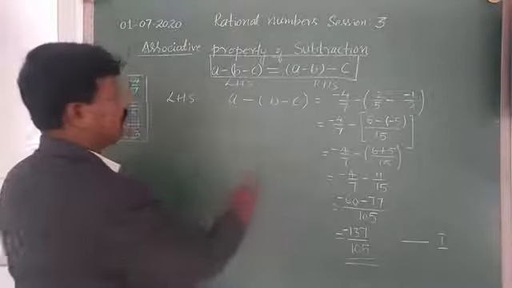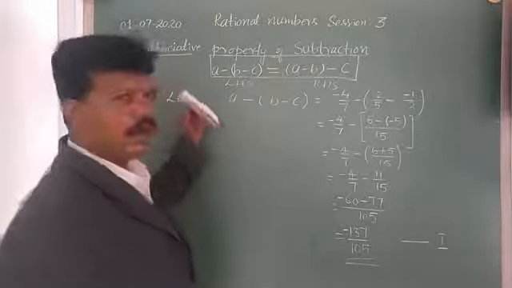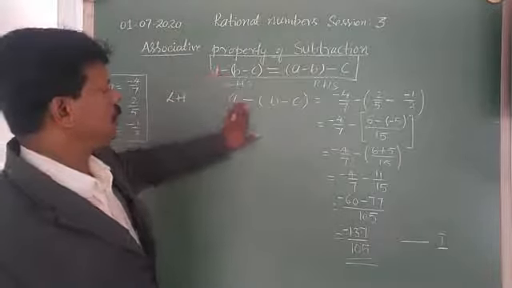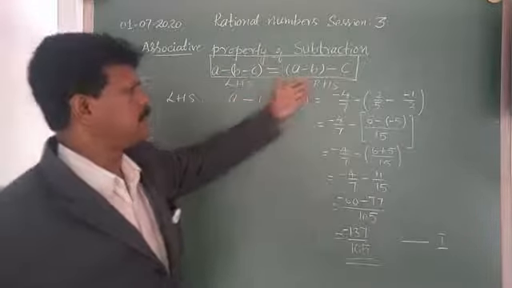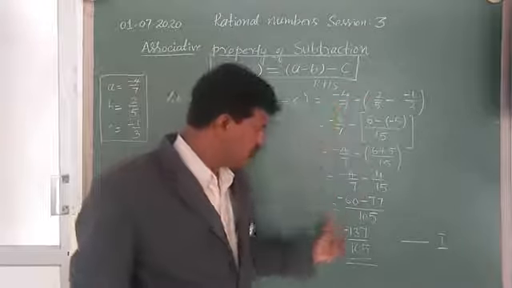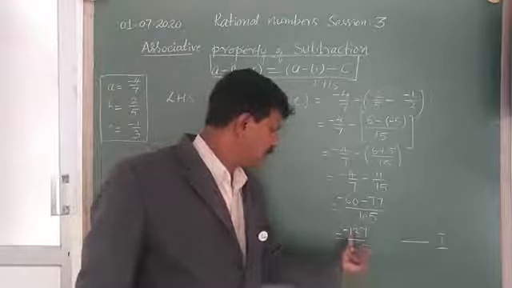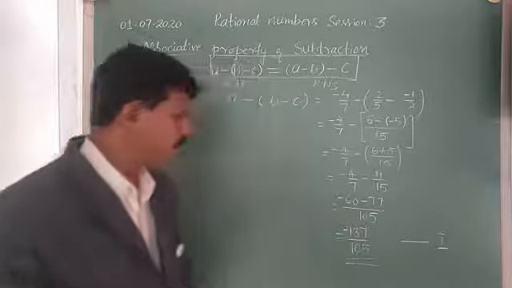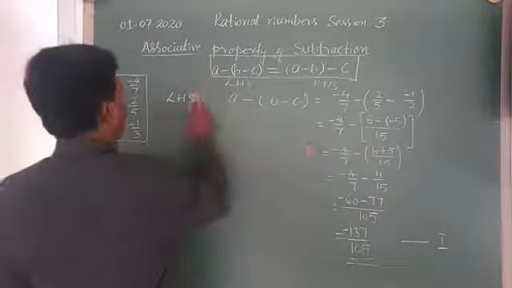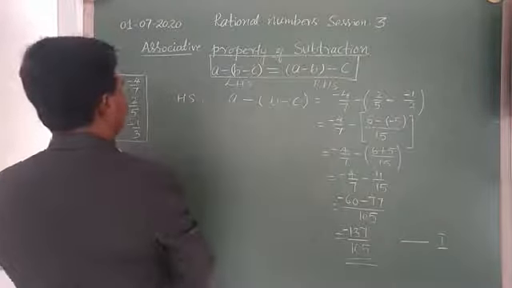Now I am taking the RHS. LHS, A minus of B minus C: substitute the values of A, B and C and simplify. We get the answer as minus 137 by 105. Clear? Now I am taking RHS.